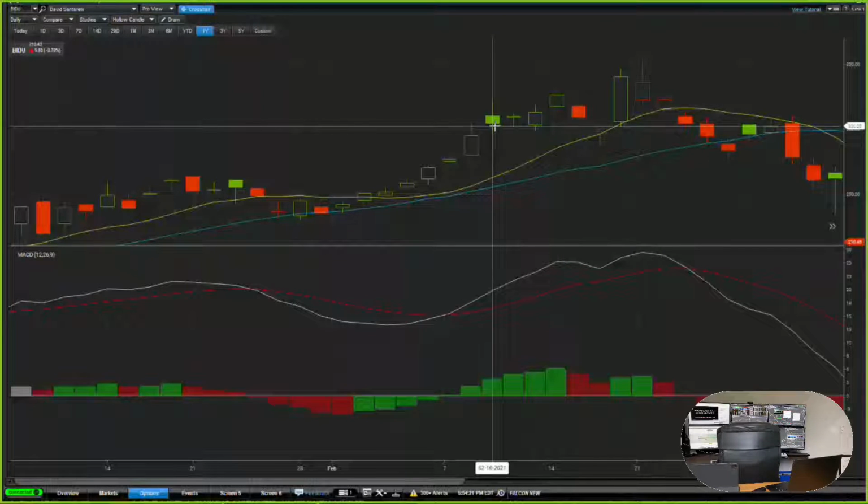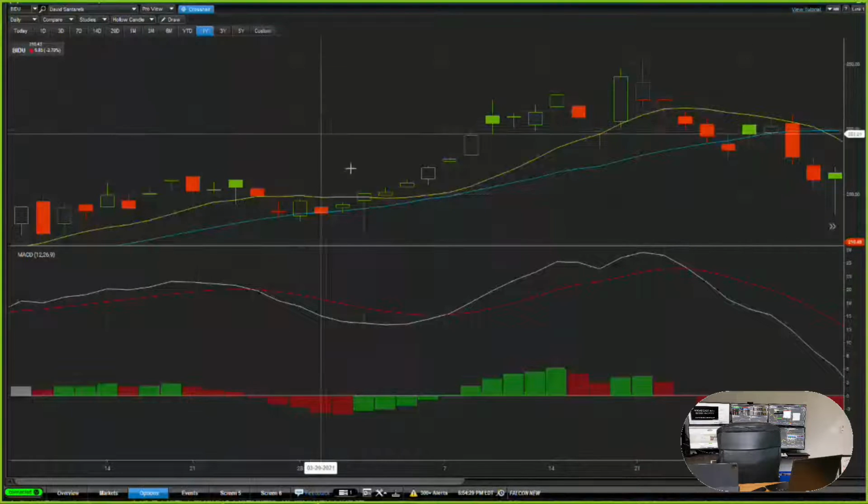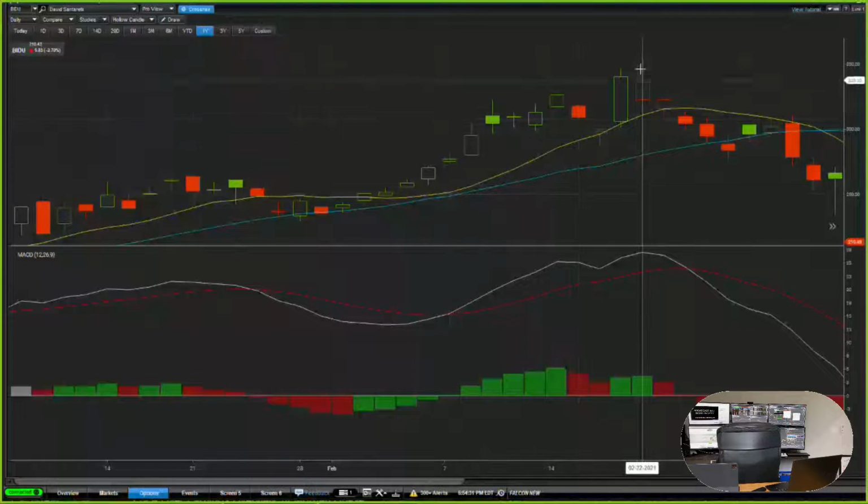That's why it's filled in. It's still above the previous candle, still higher, but it's telling you it's lower than where it opened if it's filled in. So that's really simple to understand. And obviously, a red candle means it's lower than the previous day's close.